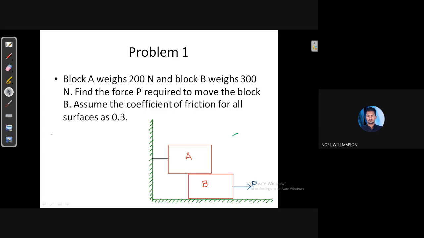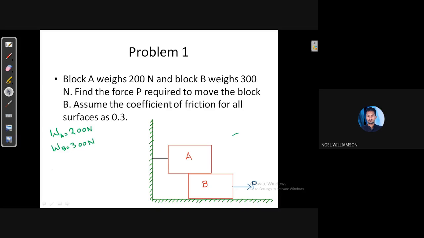That is the weight of block A is 200 Newton and block B weighs 300 Newton. Now, find the force capital P required to move the block B. Assume the coefficient of friction for all surfaces as 0.3.